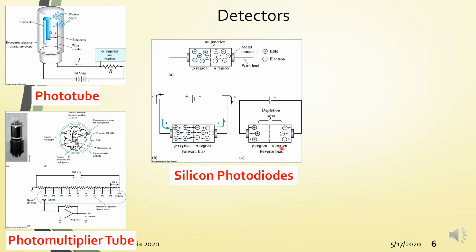So, with a reverse bias silicon photodiode, since you have reverse bias, you have low conductivity, so high resistance. When light hits this detector, you are feeding electrons, energy coming from the light, into the depletion layer, which in turn reduces resistance.